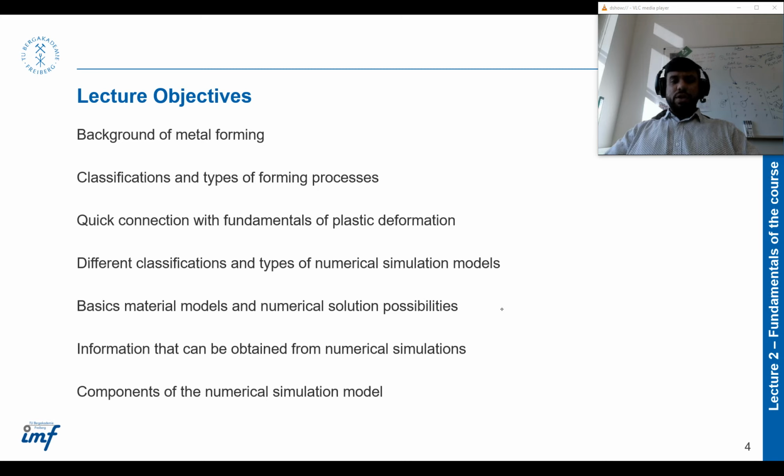So in this lecture we will have a quick connection with those fundamentals of how the plastic deformation takes place and what the basics are.